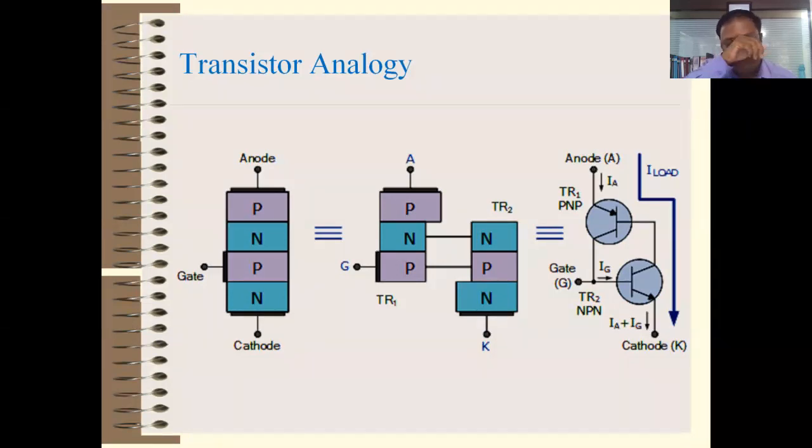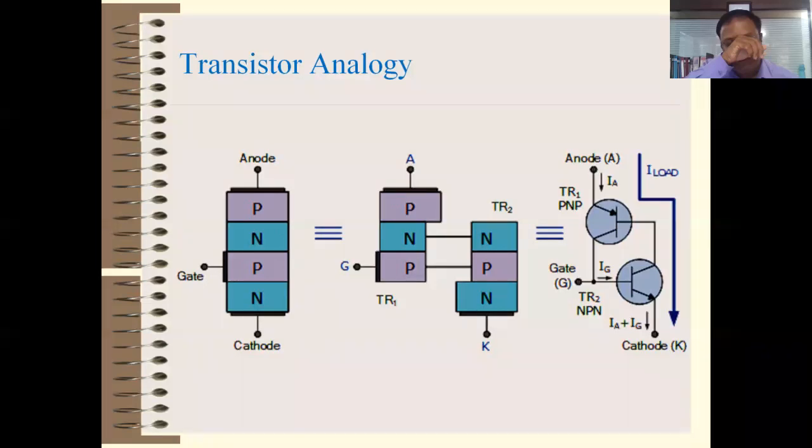This is good for understanding, but what exactly happens inside the SCR we can understand with the help of this transistor analogy, which explains regenerative feedback. Because of regenerative feedback, the SCR turns on.